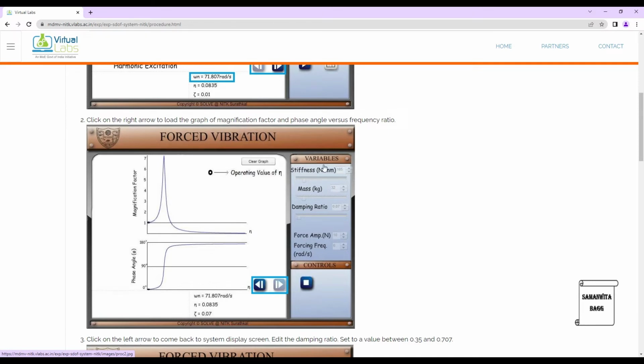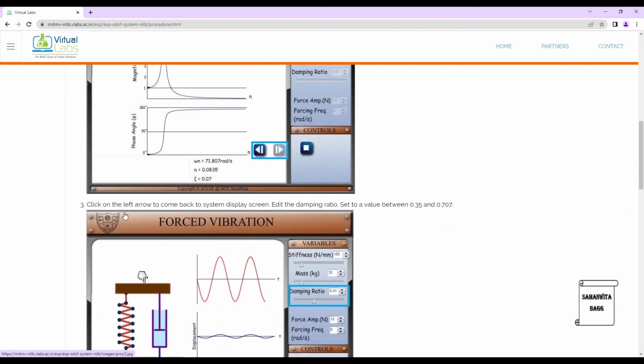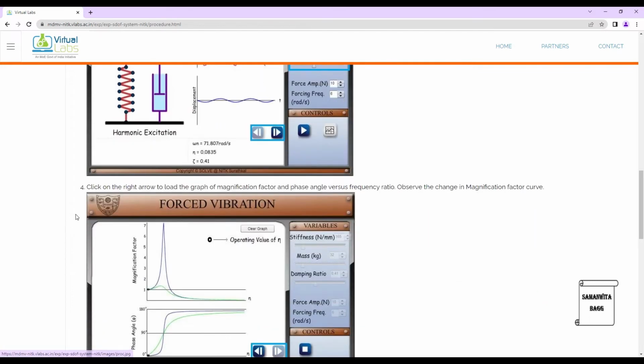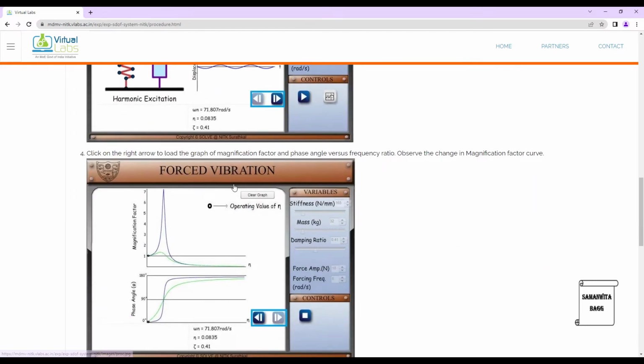So eta value is also found, and this is how you are going to get the graph if you set a particular value of stiffness, mass and damping ratio. When you click on the left arrow, you come back to the display system. You can edit the damping ratio. You may set the value between 0.35 and 0.707. Click on the right arrow to load the graph of magnification factor and phase angle versus frequency ratio.